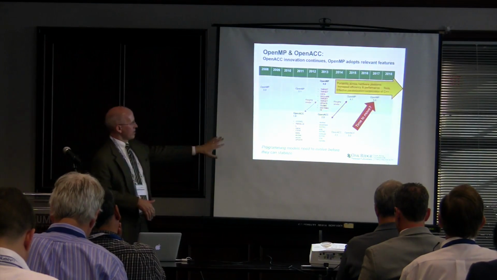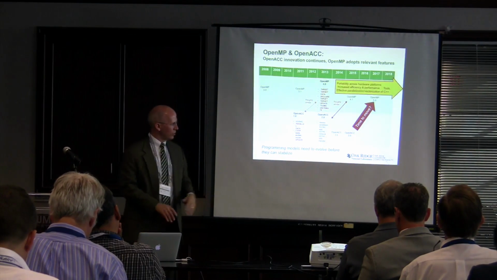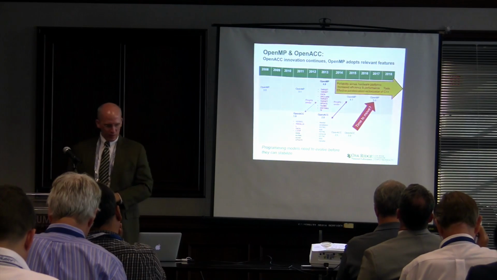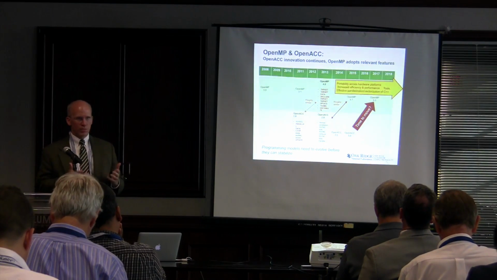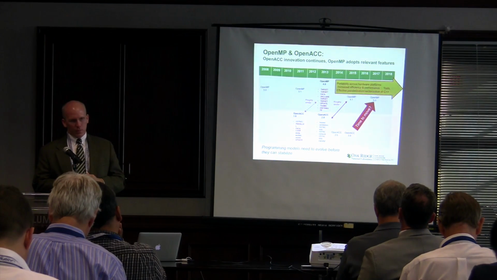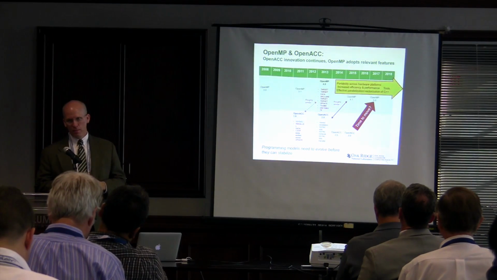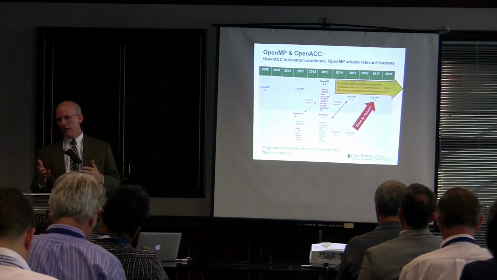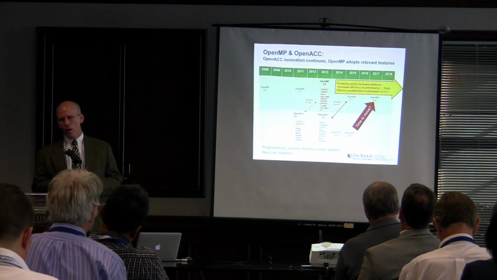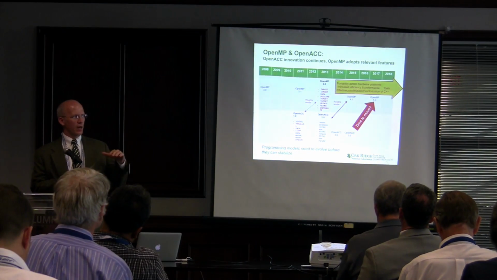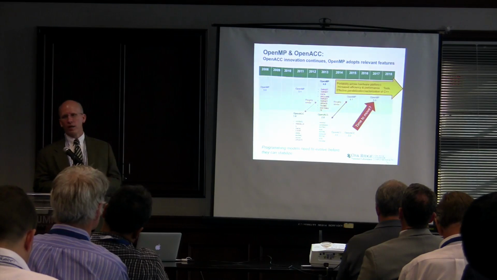Now, obviously the programming models need to continue to evolve before they can stabilize. And at this point, it's good to remember that neither of these compiler standards is a panacea, a magic wand, right? And the code refactoring that we talked about earlier in the talk is really going to set the upper limit on what can be achieved.